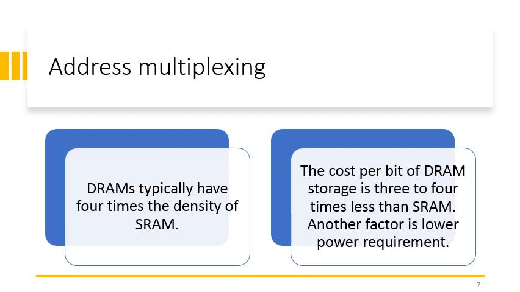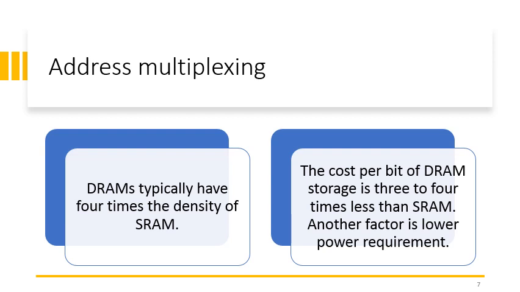The more the capacity, the more address lines are required in order to access a particular location in a memory. But in a computer system, we have a limited address bus size, so in order to access that particular memory location, we have to multiplex the address.